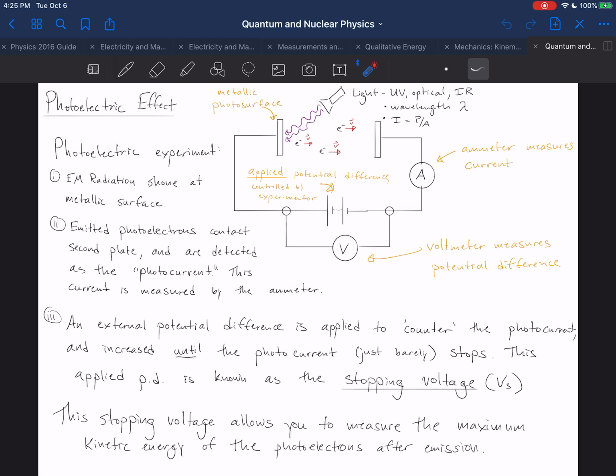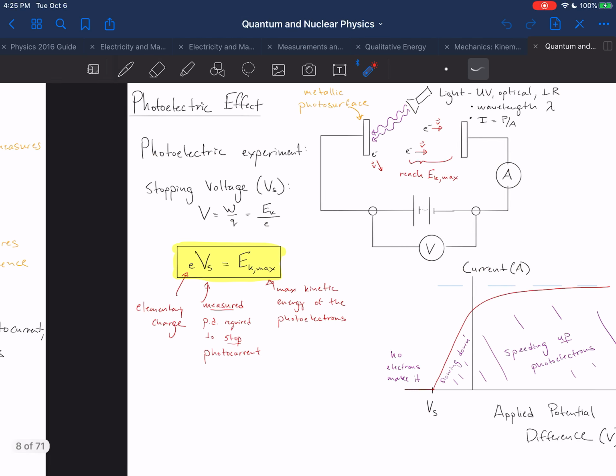That is, the potential difference applied on the back end of our setup at which just barely the maximum kinetic energy of the electrons is not enough to allow them to reach the second electrode and for a photoelectric current to be detected.